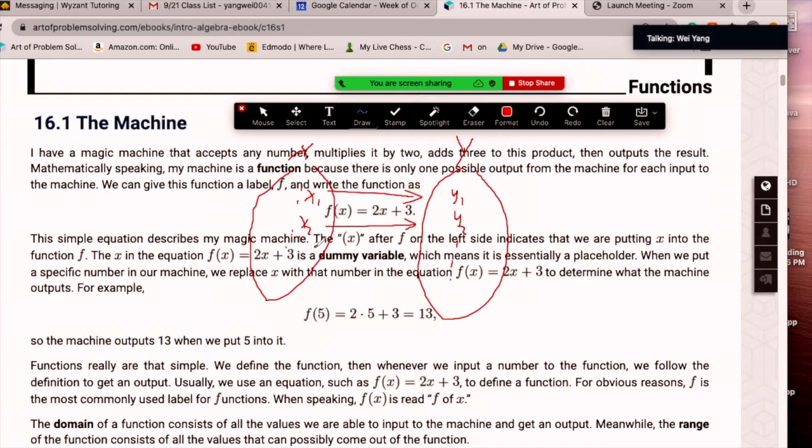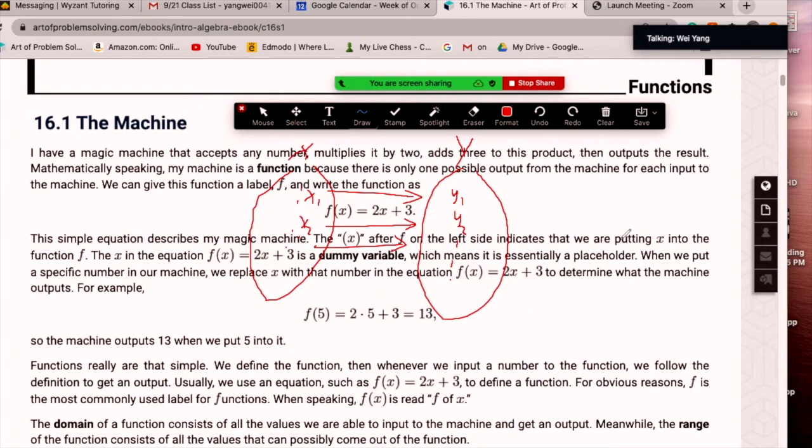relationship like this. So when this relationship is a function, you know that for every x, you should have a y responding to it.